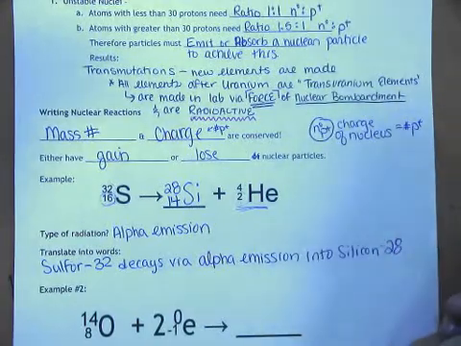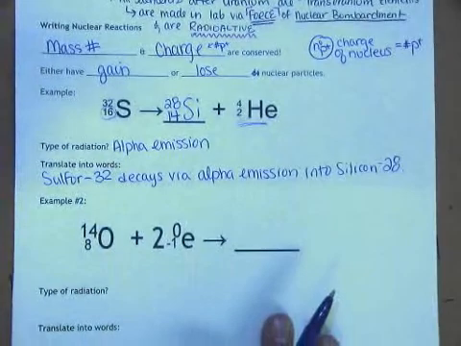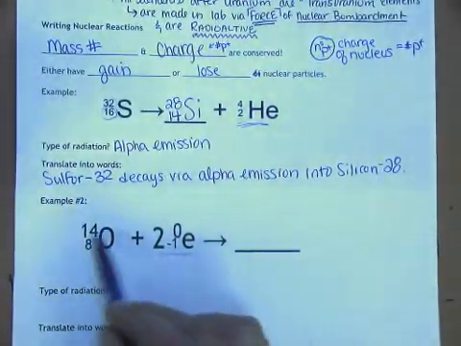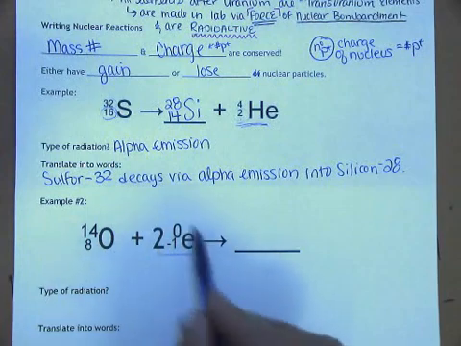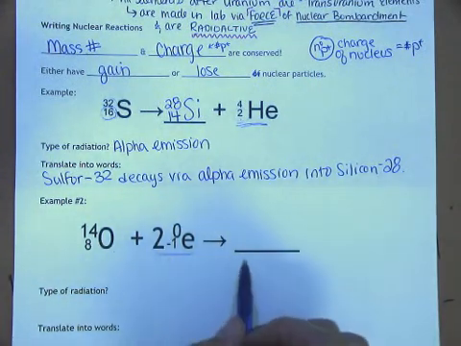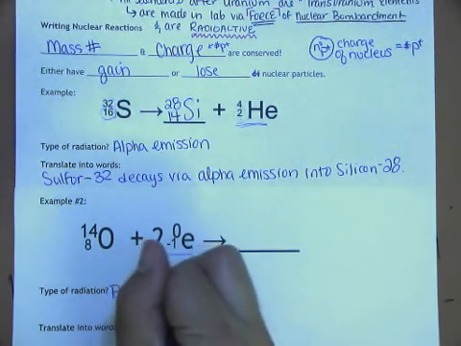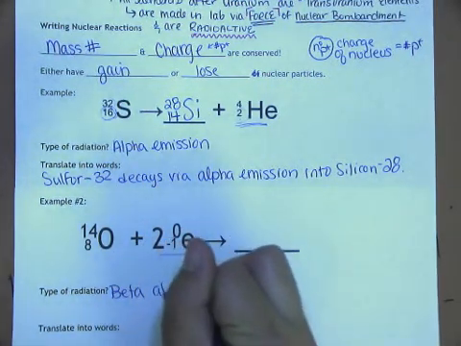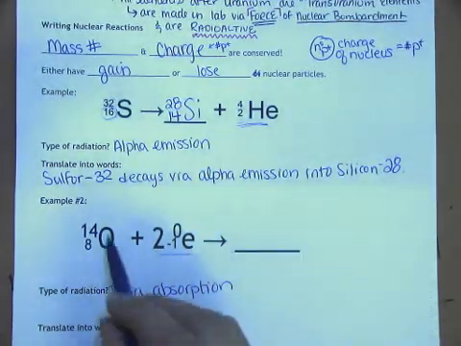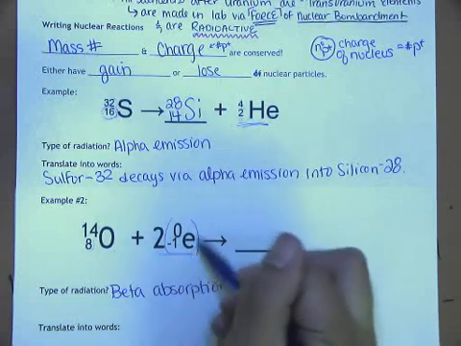My second example, the opposite of my first. So my first example, I had emission. This time, I'm going to have absorption. I have my oxygen atom is going to absorb 2 beta particles and make something else. So this is bombardment. So my type of radiation is beta absorption. So here I have 8 and 2 of my beta particles.